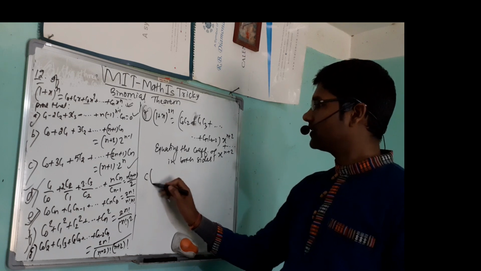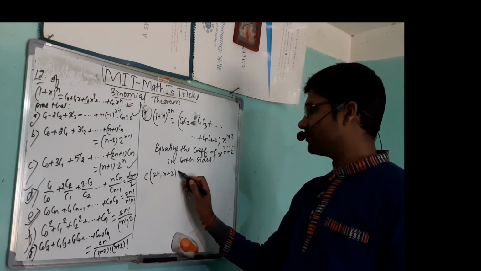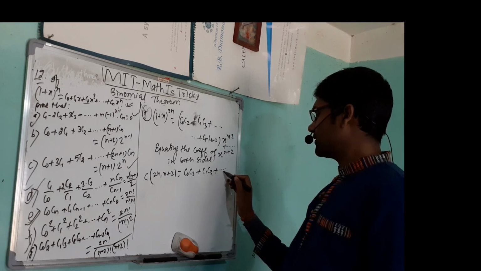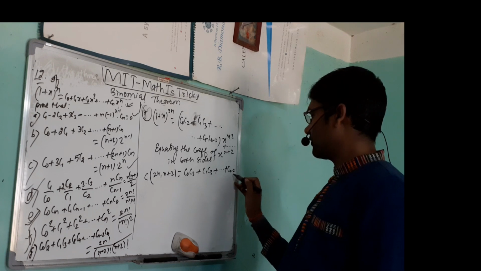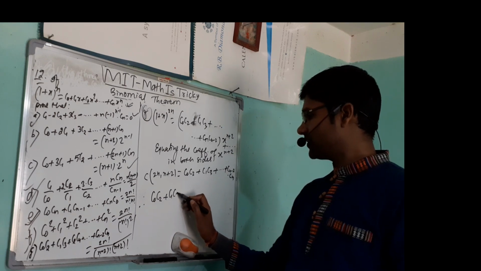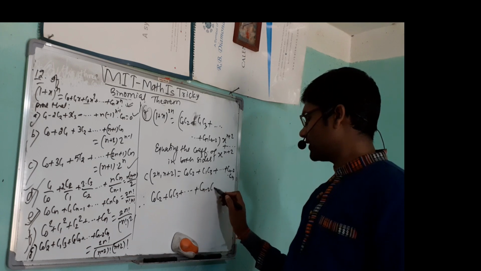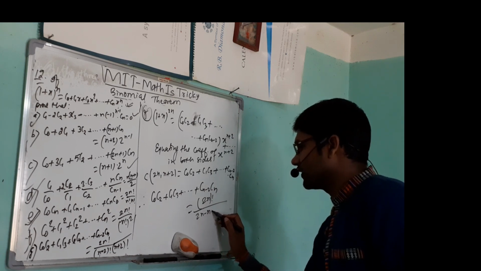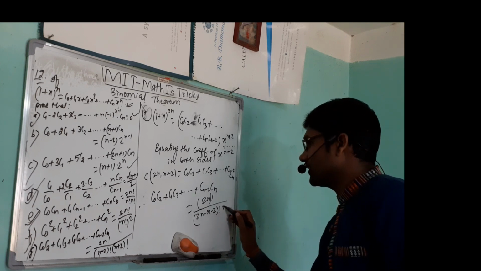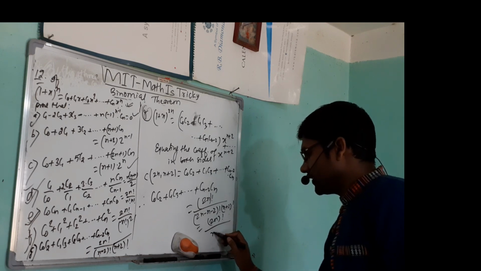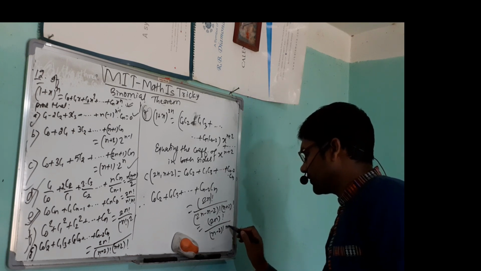We get C(2n, n plus 2) equals simply C0 C2 plus C1 C3 plus dot dot dot plus Cn minus 2 Cn. Therefore C0 C2 plus C1 C3 plus dot dot dot plus Cn minus 2 Cn equals how much? 2n factorial by 2n minus n minus 2 factorial and n plus 2 factorial, which is 2n factorial by n minus 2 factorial n plus 2 factorial. This is the solution.